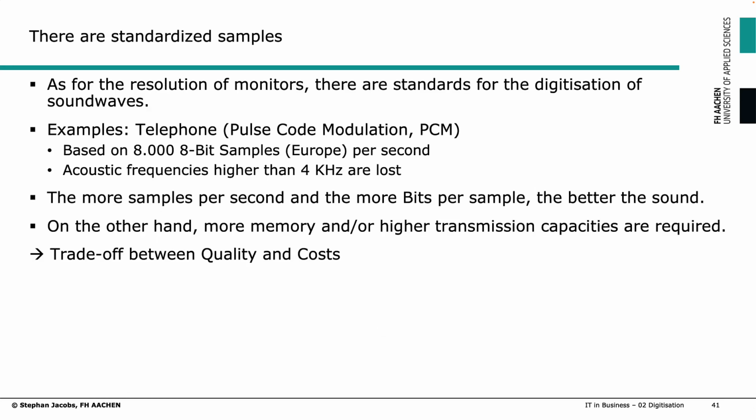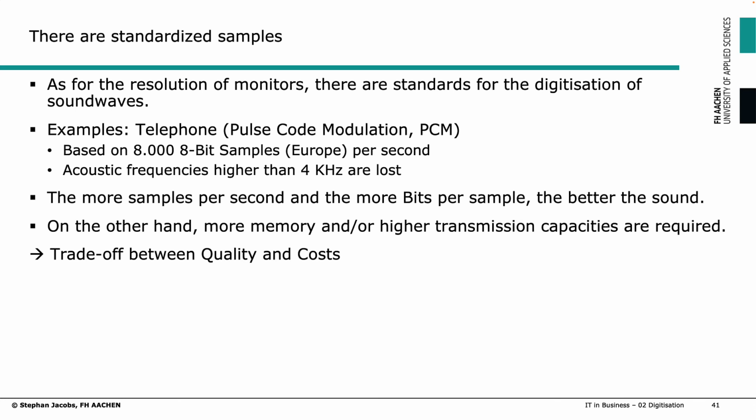And as we did for monitors or pictures, we have predefined standards. For example, in the telephone, we use a standard called pulse code modulation. This is based on 8,000 8-bit samples in Europe per second.